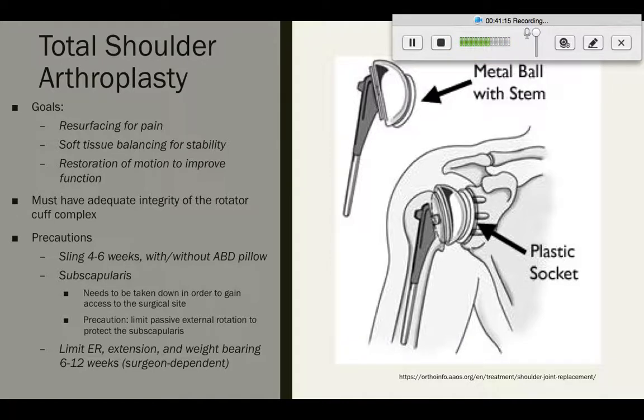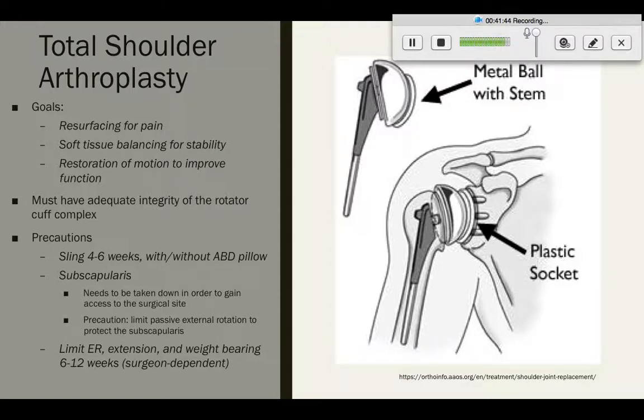Precautions following surgery. Most patients are going to present in a sling. They may or may not have the abduction pillow depending on the surgeon, and this sling will be utilized anywhere from 4 to 6 weeks. The subscapularis, you need to find out what's happening with the subscapularis. The incision is going to be made over the anterior shoulder. The subscapularis itself is going to have to be taken down in order to gain access to the surgical site.